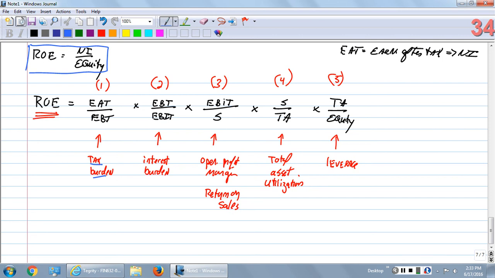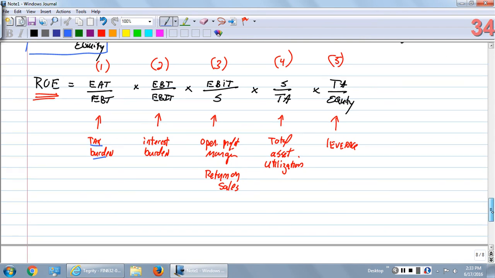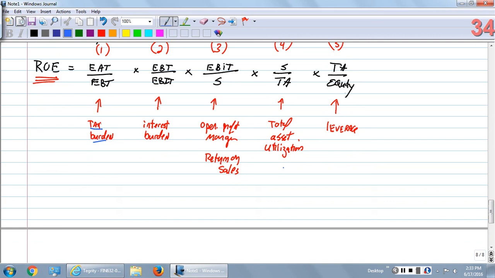Let's take a look at, maybe that one's fine. Let's look at ratio number 4. That's our total asset utilization ratio. We don't have it here, but what you'll see is we actually can break this one down a little bit. Let's see where I can find that. On page 649, if we wanted to, we could break this down into sales over our fixed assets.